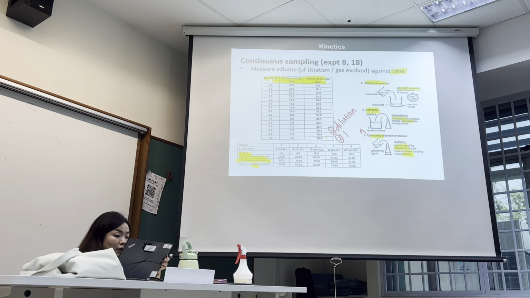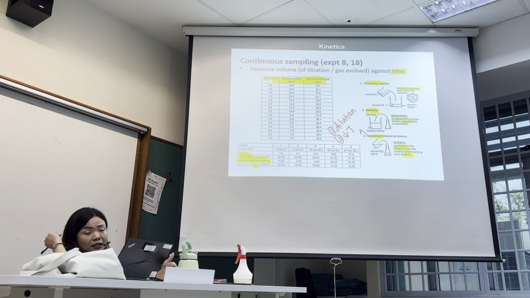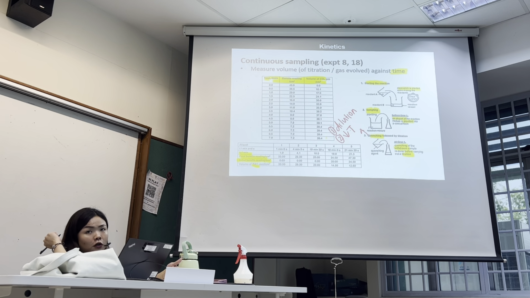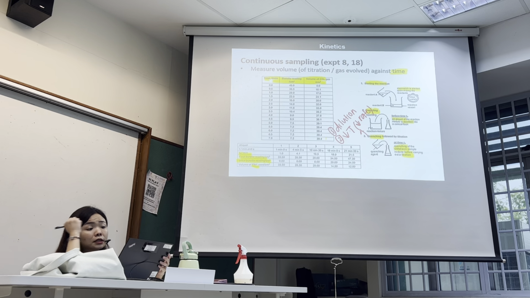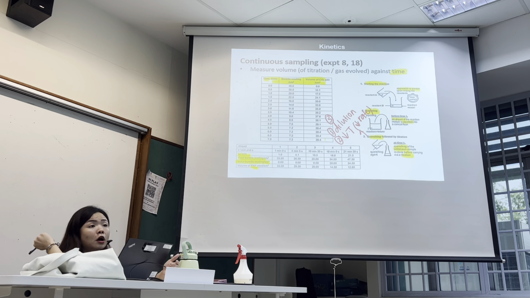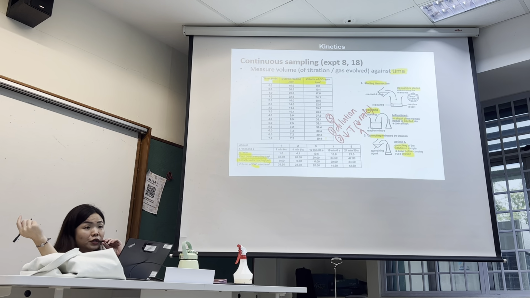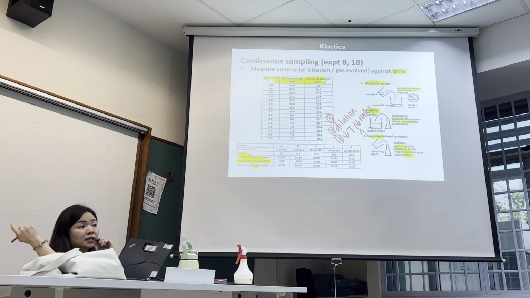Different ways to quench. You might also want to note down. You can either dilute with a large volume of water or a solvent. You can lower the temperature to lower the rate, like the ice cold water that Aaron mentioned. And the last way is to remove one of the reactants. So, for example, you have an acid catalyst.